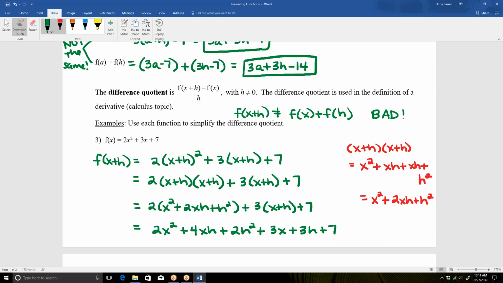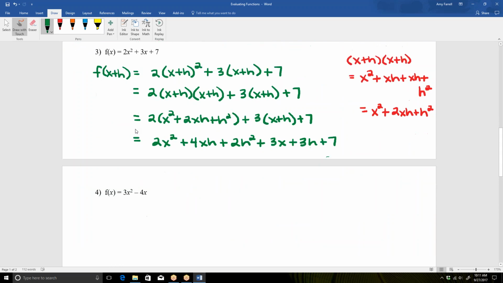I do not have any like terms in that expression there, so I can't combine like terms. Okay, we'll be able to simplify more because we still have to subtract f of x and then divide by h. So our answer is not going to be quite this long.